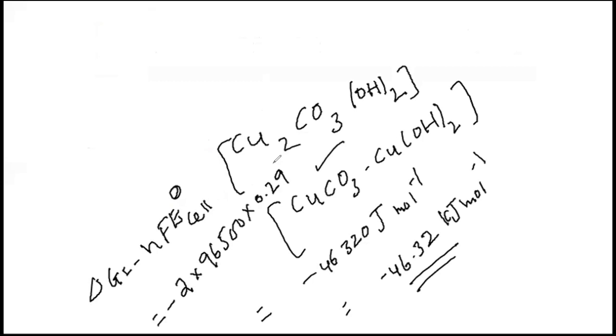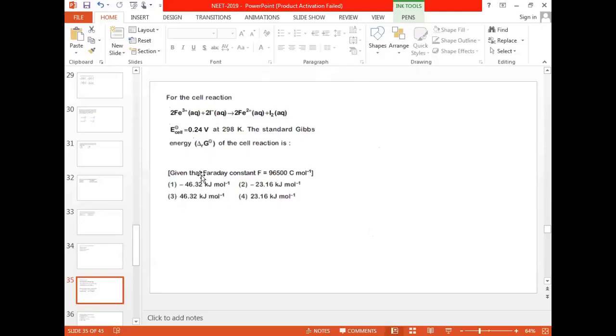Now if you take 0.24, it will come like this, minus 46.32 kilojoules. Where is it available? Minus 46.32 is available as the third option, option 3.